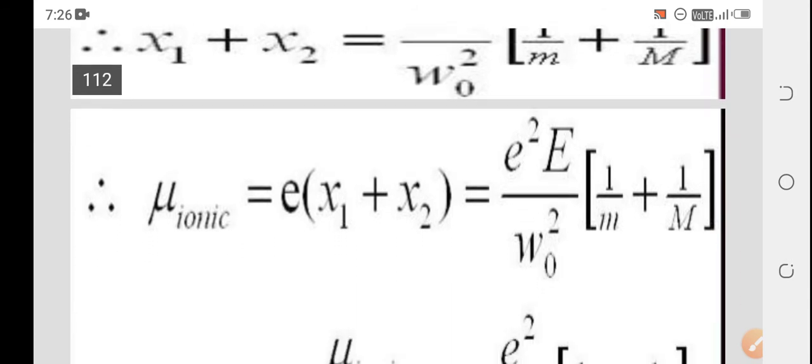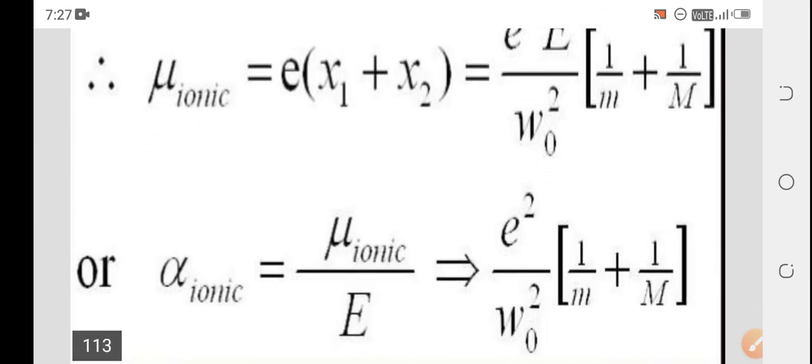You replace the values, then finally simplify for alpha.